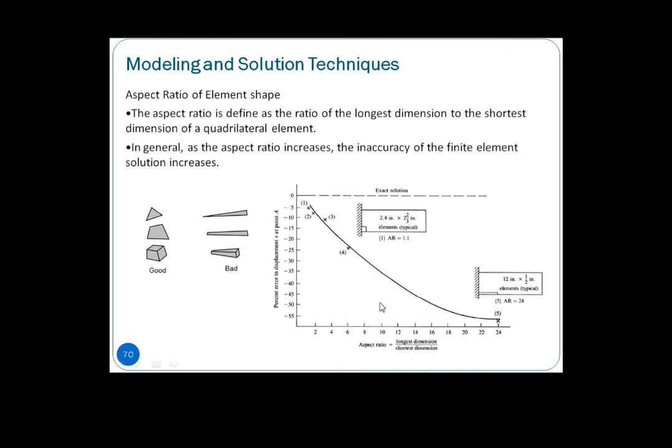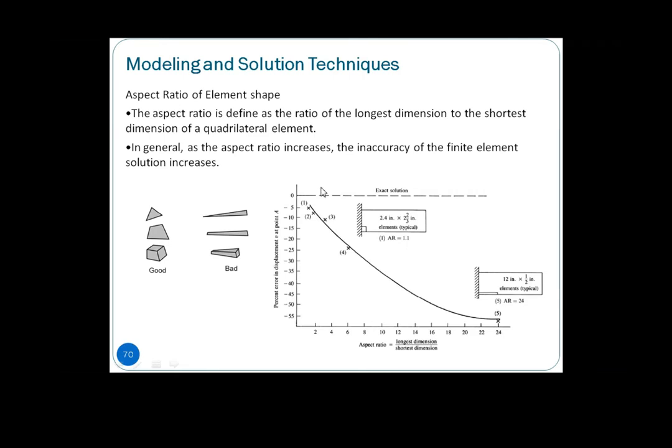If you look at this graph, you have an aspect ratio of 24, where the elements are very long and slender, compared to a rectangular element where your aspect ratio is 1.1.